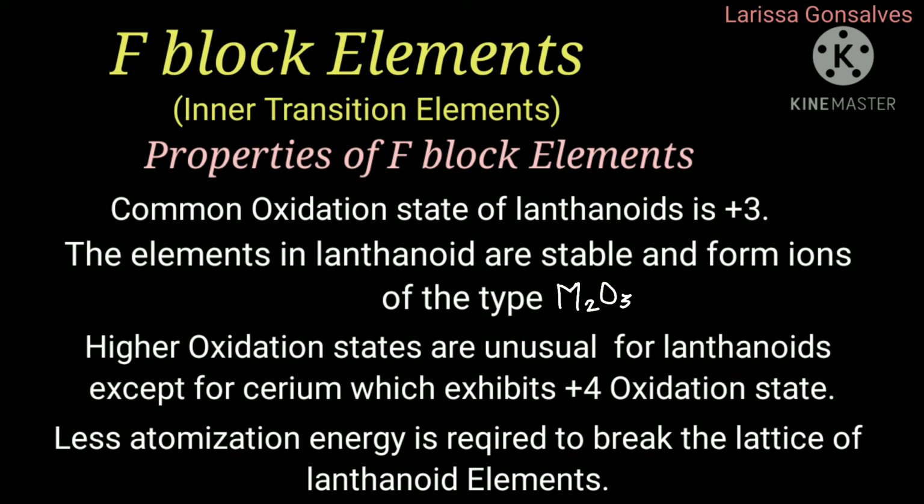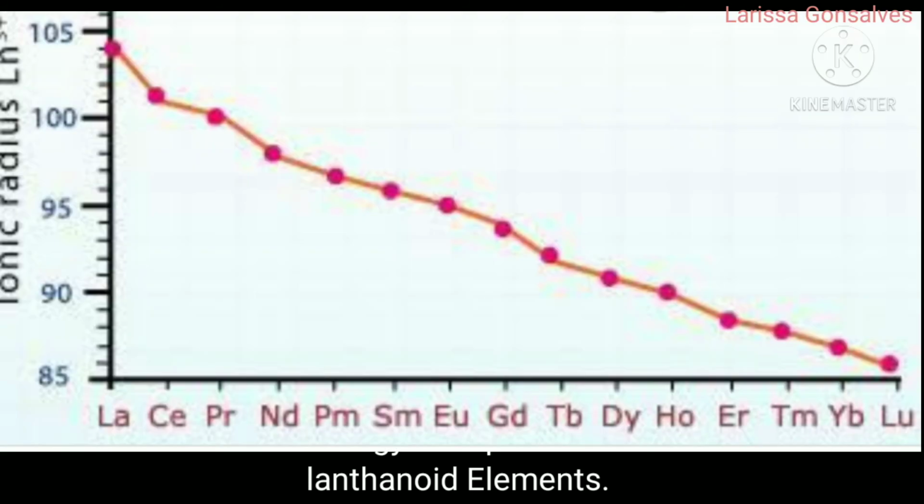If we observe the ionic radii, it decreases from 117 picometer for lanthanum to 100 picometer for lutetium. The reason is that the 4f orbitals do not shield the outer 5s and 5p orbitals well, and hence the effective nuclear charge increases, the outer electrons are pulled in, and the atomic or ionic size gets reduced.